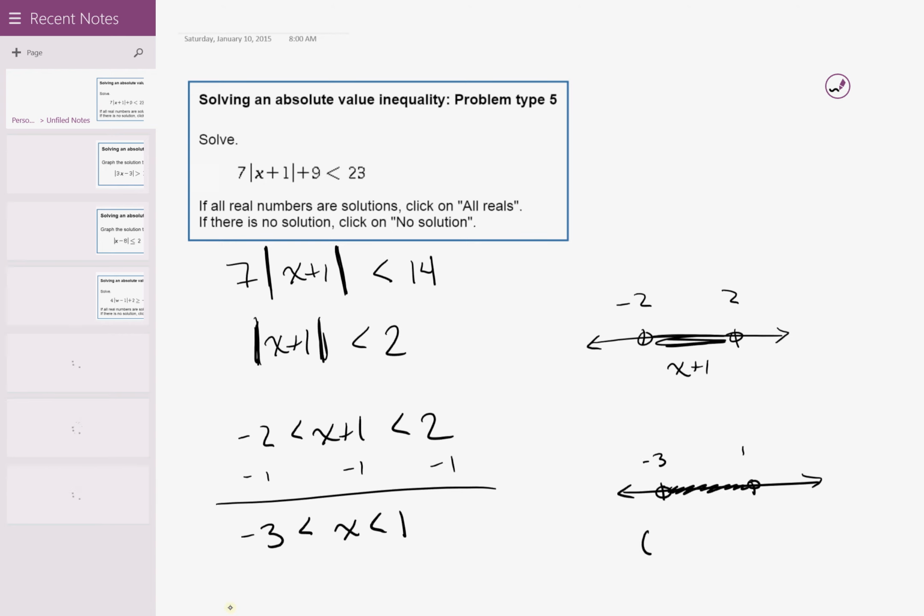In interval notation, this is negative 3 to 1, not inclusive. Note that the difference between the graph of x and x plus 1 is just a shift of 1 unit.